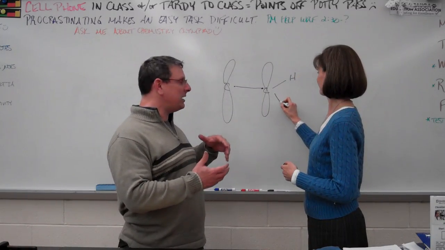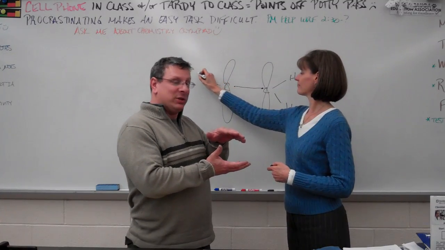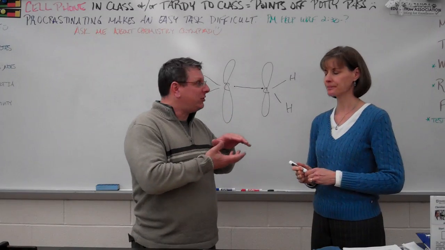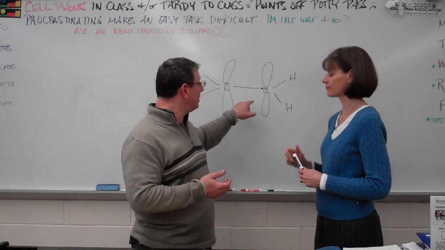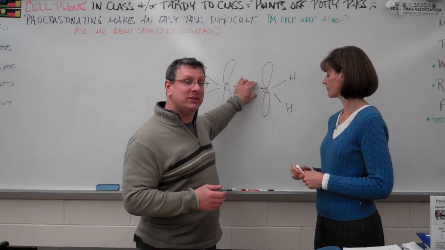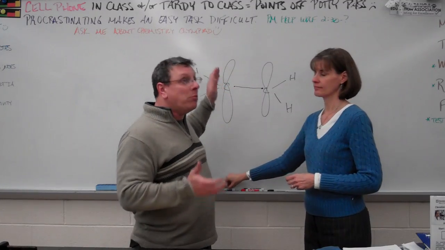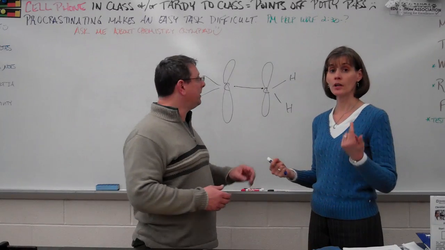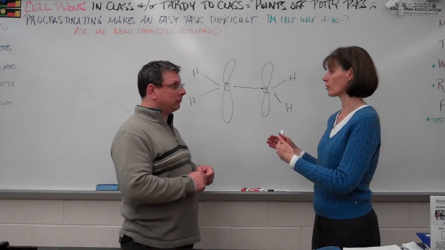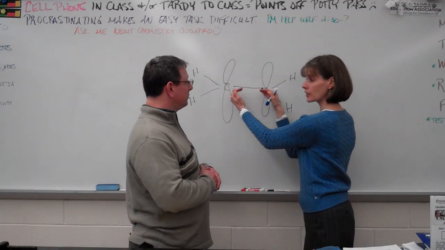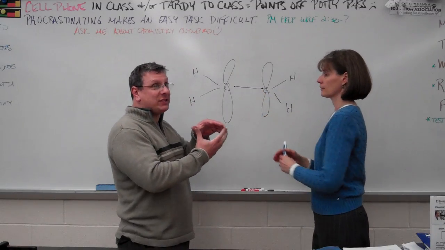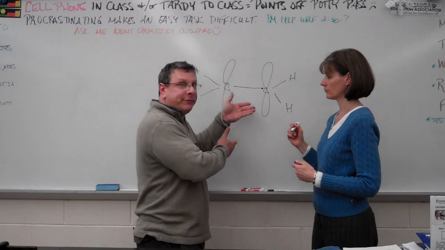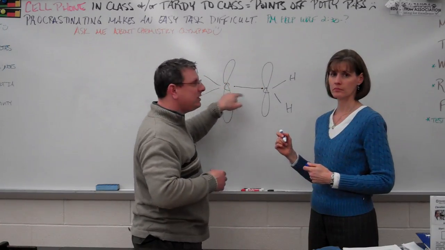The sigma bond is a bond in which the electrons are right along the bond axis, directed between the 2 nuclei. Since there's already electrons in there, more electrons cannot pile into that space because electrons are negative and they all repel each other. We know that only 2 can go in an orbital. That space is very small, and you simply cannot put 4 electrons into this molecular orbital.